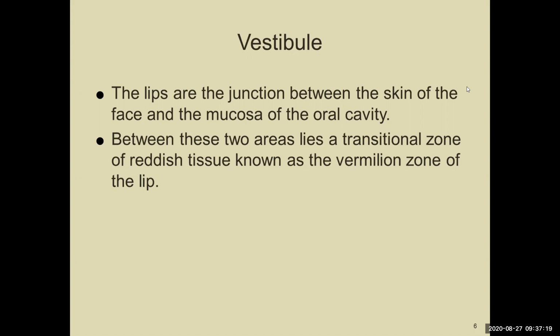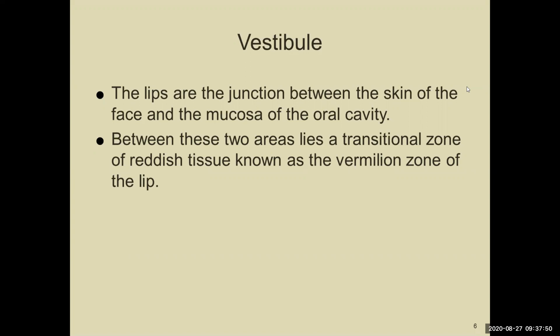Skin and mucosa are two different things because they have different types of cells. The skin has keratinized tissue on it, and it's the outside, versus the mucosa, which is the lining of the oral cavity. Between those two areas lies a transitional zone of reddish tissue, and that's known as the vermilion zone of the lip.